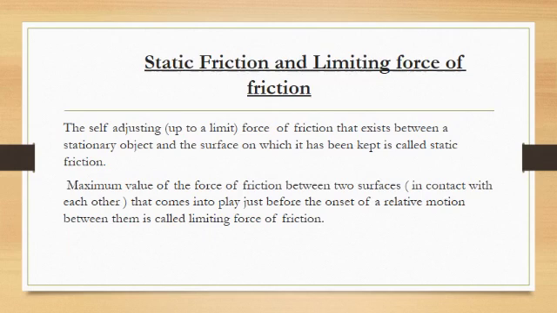Now, what is static friction and limiting force of friction? The self-adjusting force of friction that exists between a stationary object and the surface on which it has been kept is called static friction. And what is limiting force of friction? The maximum value of the force of friction between two surfaces in contact with each other that comes into play just before the onset of relative motion between them is called limiting force of friction.